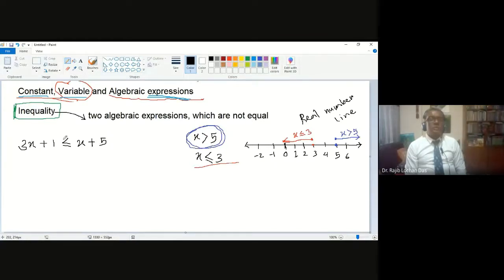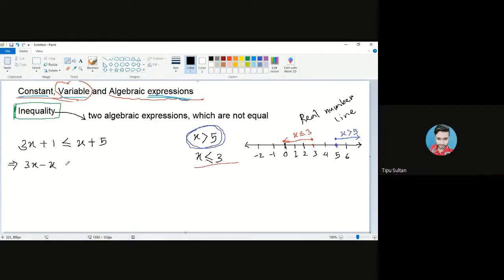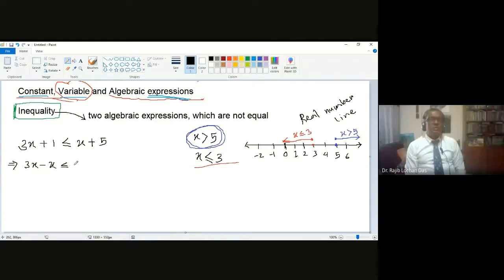So this is the problem given. Now in the next line we will write 3x minus x, that is x is coming to the left side, and then less or equal to 5 minus 1. 1 is coming to the right side.